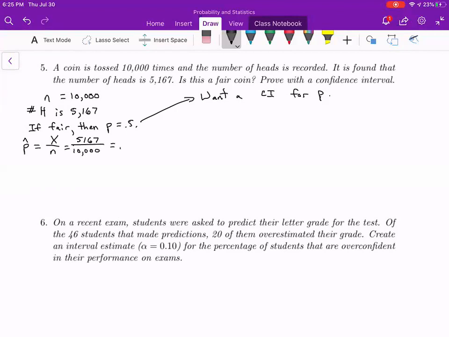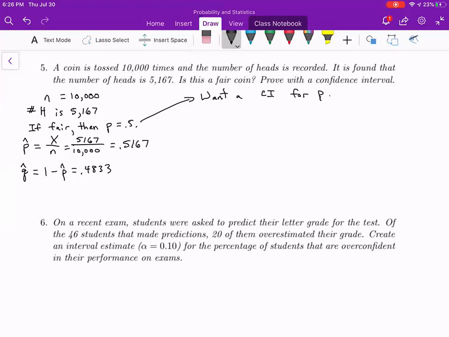And so we have 0.5167 for the sample proportion. Q hat, you could think of as the complement. So P hat is the proportion of heads, Q hat is the proportion of tails, which is 1 minus P hat, or 0.4833 for this problem. So we have N, P hat, and Q hat. Z star was the only thing remaining.